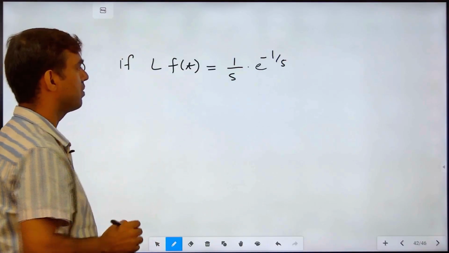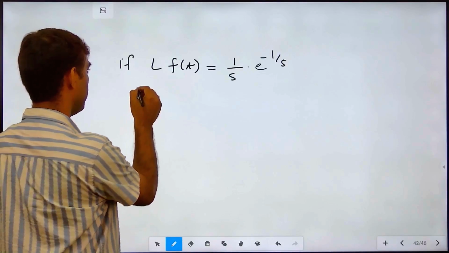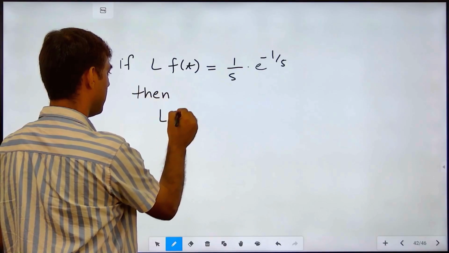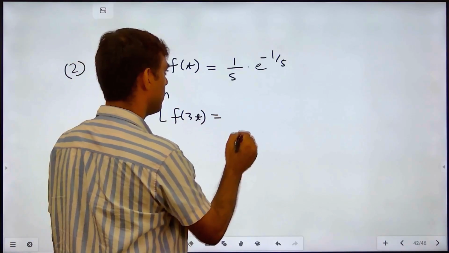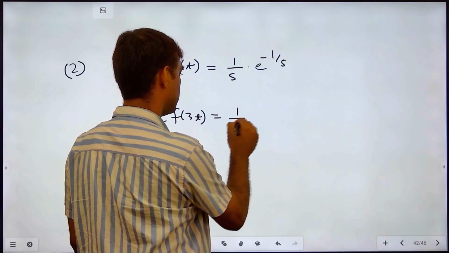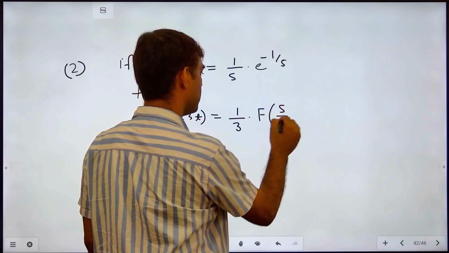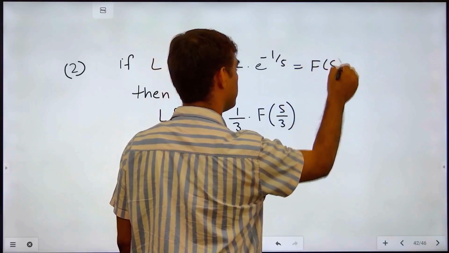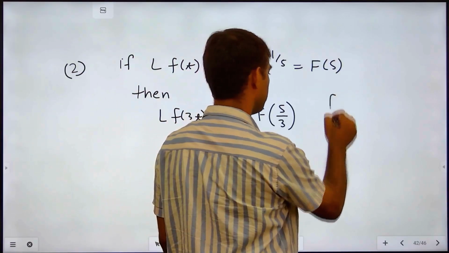If the Laplace transform of f(t) is 1 upon s into e to power minus 1 upon s, then the Laplace transform of f(3t) equals 1 upon 3 into F of s by 3, and here we assume that the Laplace transform of f(t) is F(s), because what is the change of scale property?